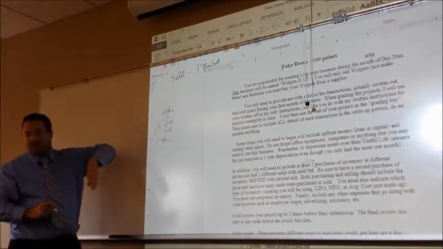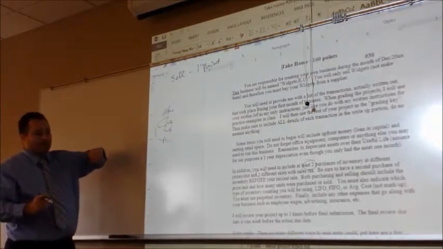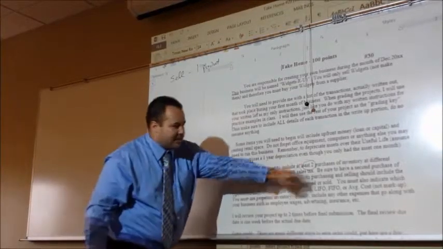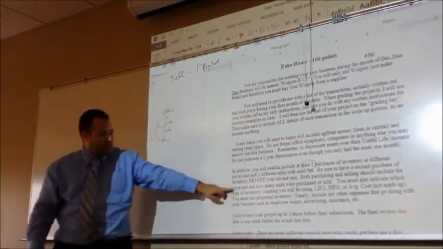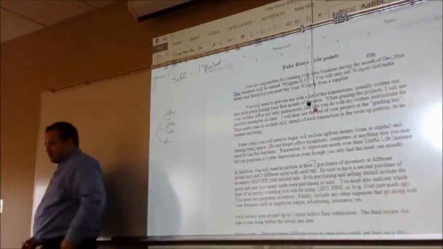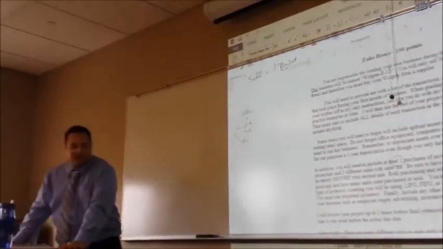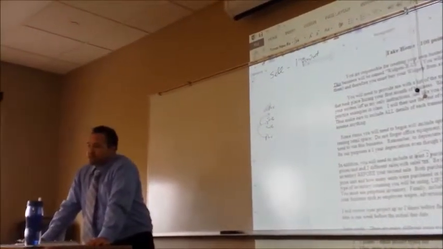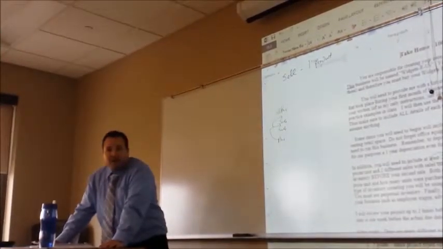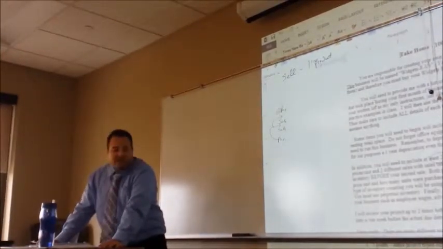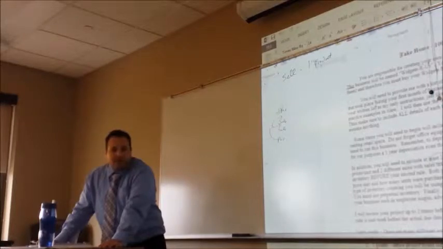Now you could have 2 purchases back to back if you want. That's fine. And each purchase needs to be at its own price per unit. So if you bought 50 items for $3 a piece, your next thing should say maybe I bought 70 more at $3.50. I want there to be a difference.